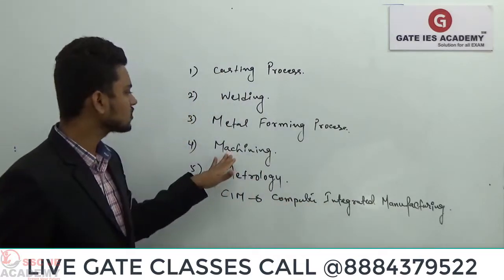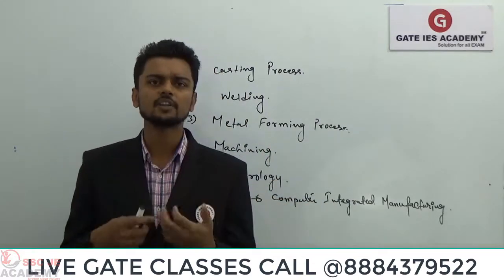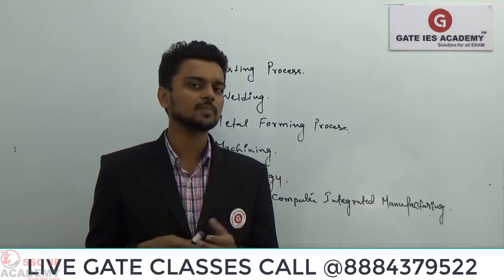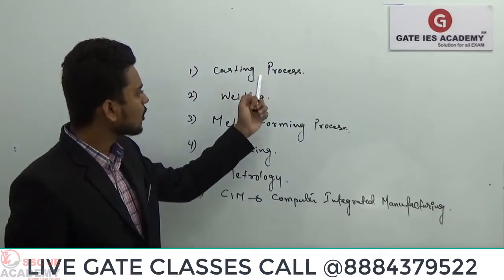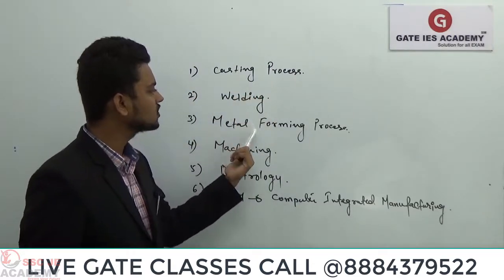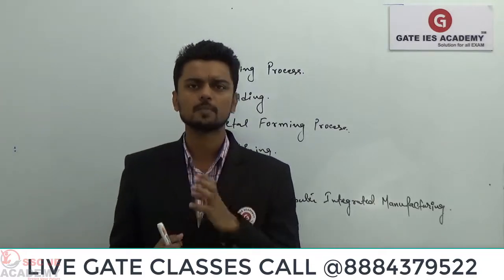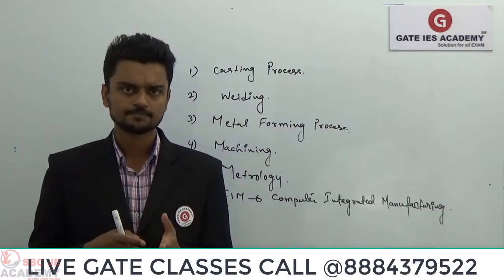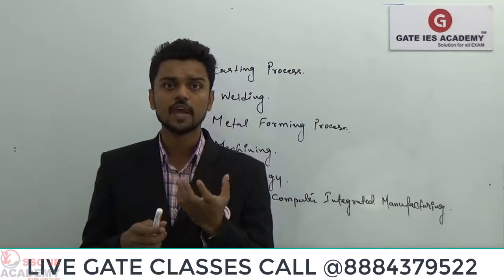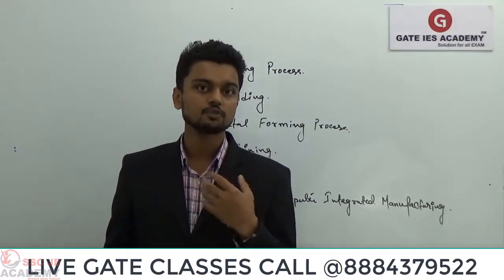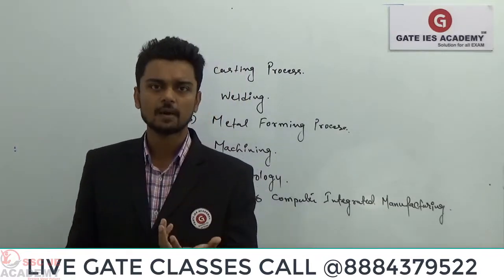Now the machining process is basically a finishing process. Finishing process means, suppose you are making the product by using the casting process or the metal forming process, you will not get that much surface finish. Suppose you have to make a cylinder of say 25 centimeter diameter.